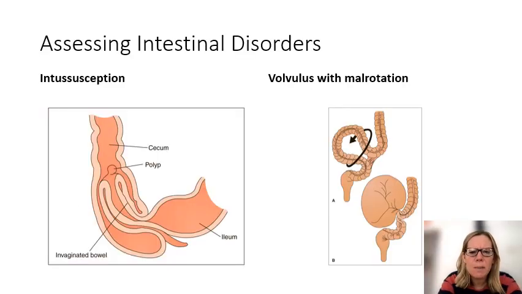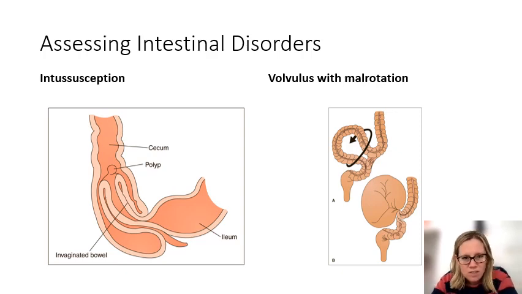Okay, intussusception. This is something that you do want to know about. I don't want you to confuse it with Hirschsprung's, the aganglionic megacolon. Intussusception is when the bowel kind of telescopes in on itself. Okay?